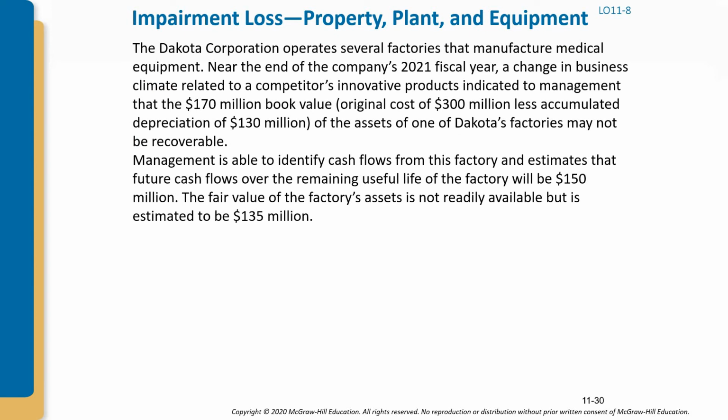And here is an example. Say the company operates several factories that manufacture medical equipment. Near the end of the company's 2021 fiscal year, a change in business climate related to the competitors' innovative products indicated to management that the 170 million book value of one of its factories may not be recoverable. The original cost was 300 million, and after subtracting the 130 million accumulated depreciation, this is the book value of the asset.